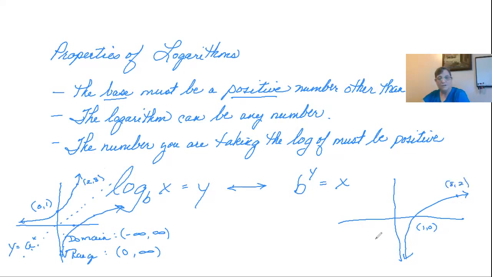Remember, everything switches. So the domain is now the range. So now the range is all real numbers, and the domain is now from 0 to infinity. So now the domain is restricted and the range is not.